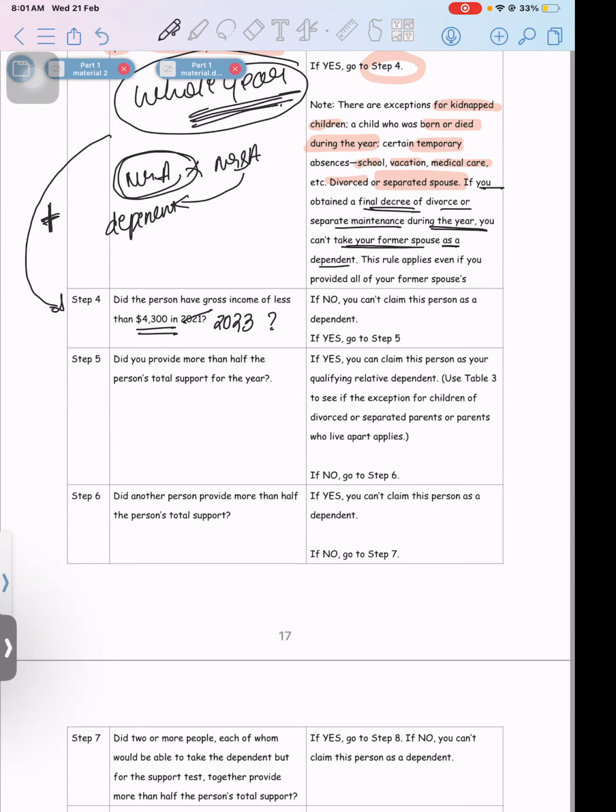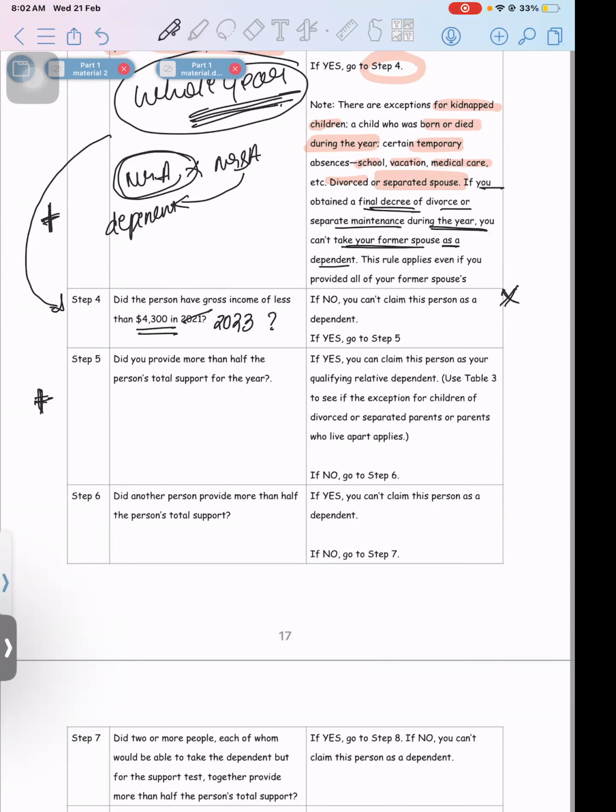Now it is 4300. You have to check whether the gross income of that relative whom you're claiming on your return is less than 4300 or not. Okay, if yes, then go to step 5. If no, you can't claim that person as a dependent.